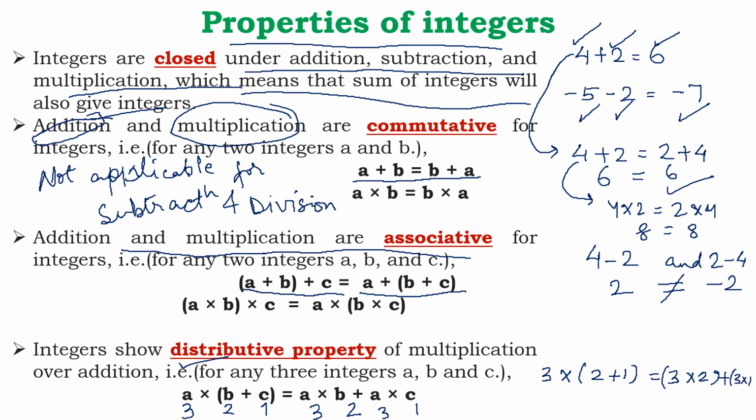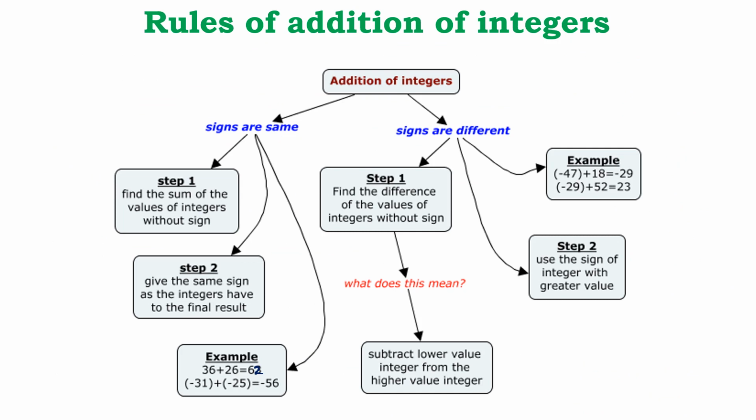Let us see what answer comes. 3 into (2 plus 1) is 3 into 3, that is 9. And 3 into 2 is 6, 6 plus 3 is 9. Hence it is proved. These properties are just to make you understand. As you do the sums, you will understand the meaning of the property.